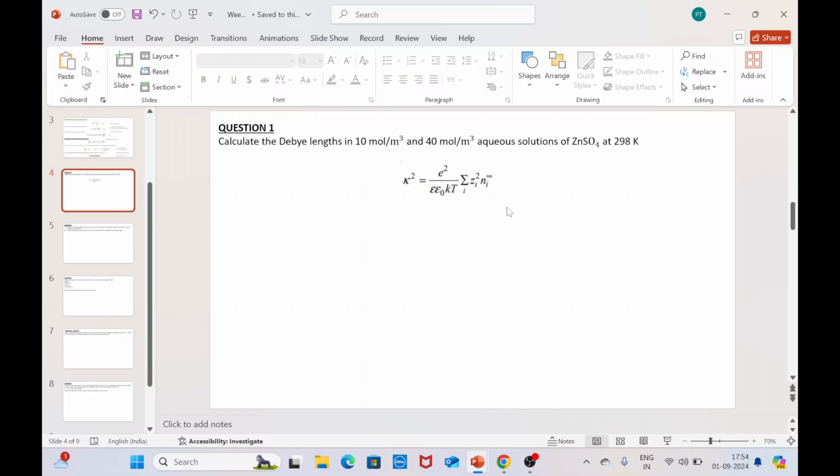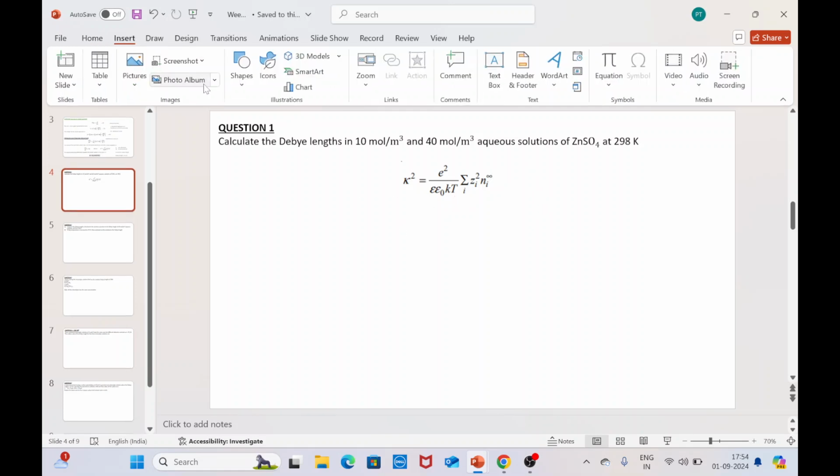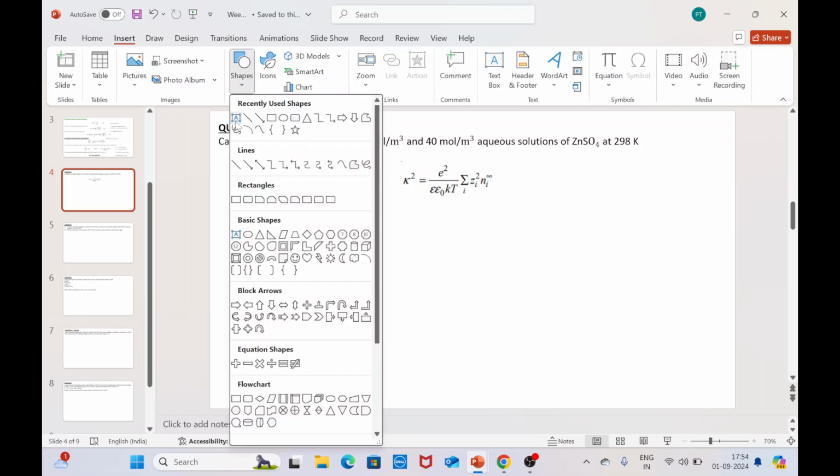Since the question is given in terms of mole per meter cube, that is already in terms of concentration. So Ni infinity will become Na times Ci naught, so you will have another term, the Avogadro number, here. The equation will be a bit different.